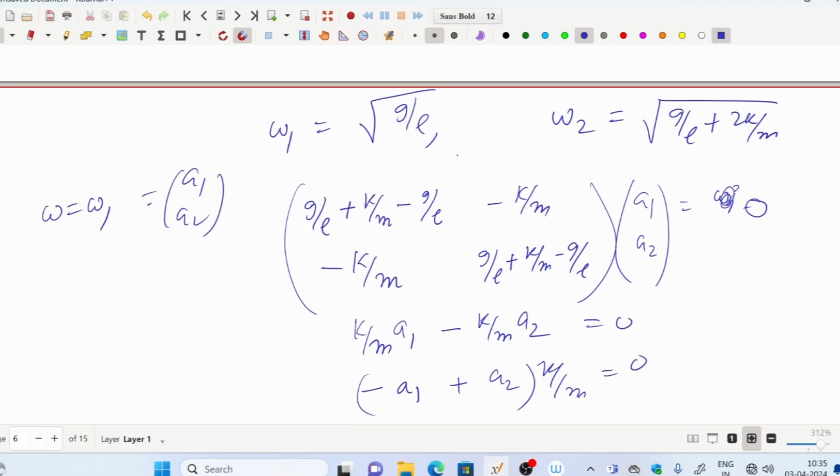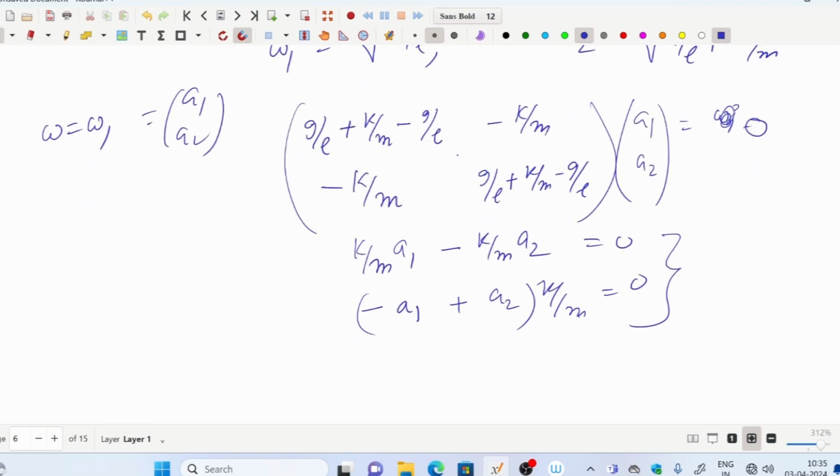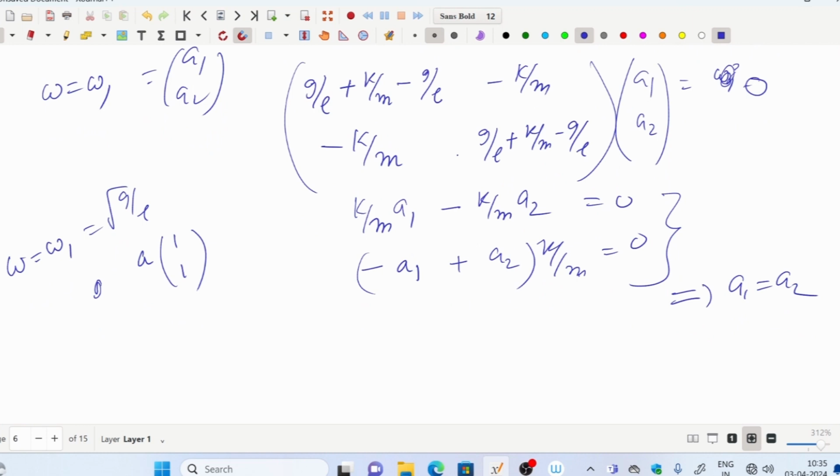That means a1 equals a2. So, both these equations imply a1 equals a2. So, for omega equal to omega 1, root g by L, we find the eigenvector is 1 1. Okay. Similarly, you can find for omega equal to omega 2.